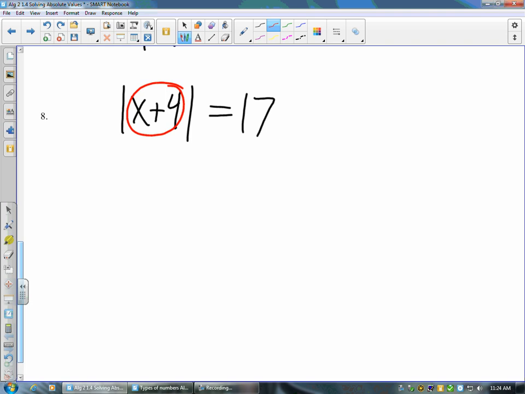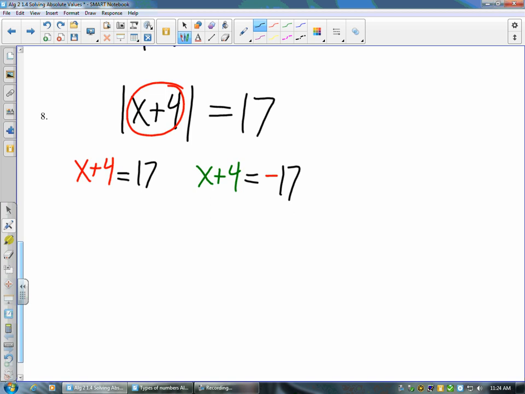So we're going to start by saying this x plus 4 could equal a 17. Or the second case, this x plus 4 could equal a -17. Once you do this and split your absolute values, then you're home free.